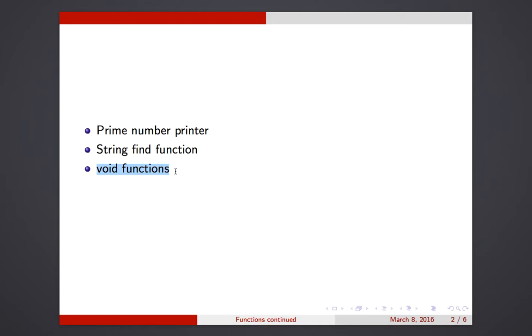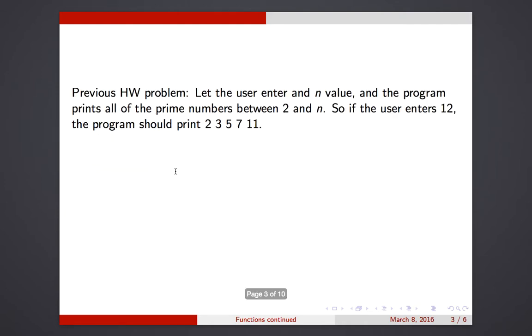But it has a few different uses, and the one I will show you in the video today is that you can use it to just print stuff to the screen. Because if all you are going to do is print things to the screen, you don't need a return value inside the code. So maybe I hand you 2 and a 3 and you print their sum, for example. You don't have to give the sum back if all you want to do is print it. So anyway, I'll show you a couple examples of void functions at the end.